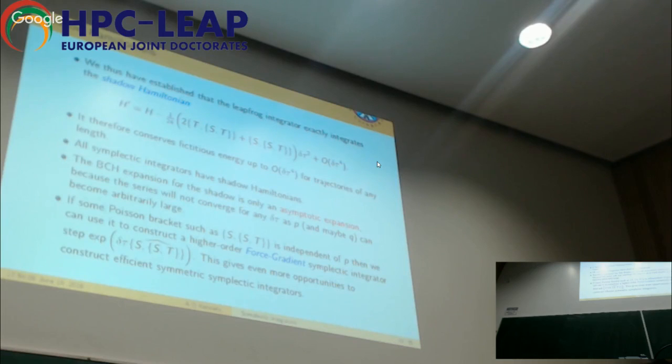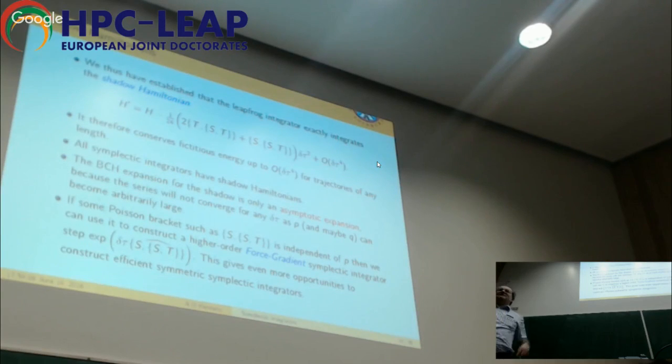So the leapfrog integrator, which we wrote down, actually up to order delta t to the fourth, or whatever we will expand this to, can be expressed in terms of being the exact integrator, i.e. exactly conserving H prime.